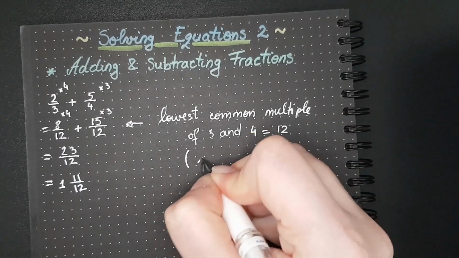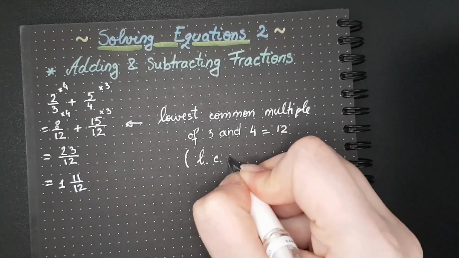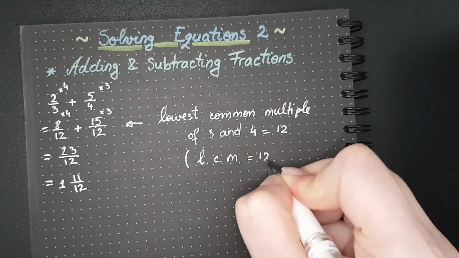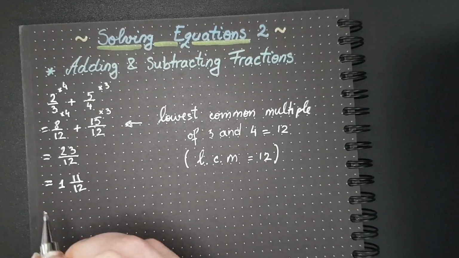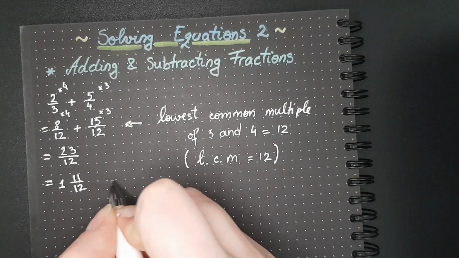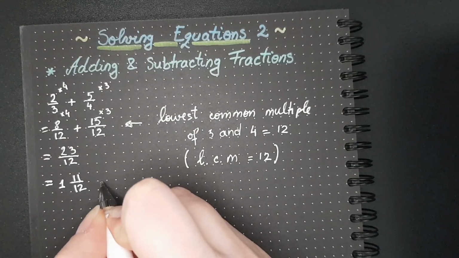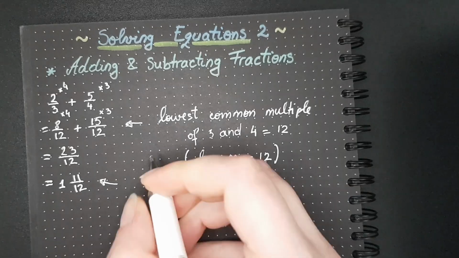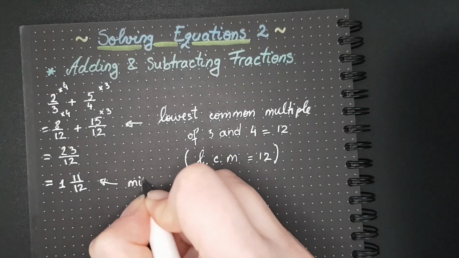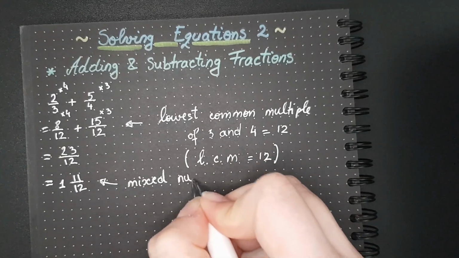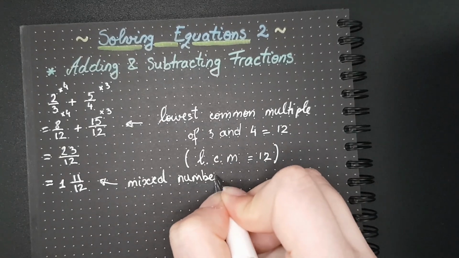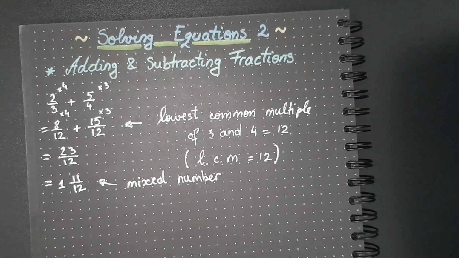So most of the time we just write LCM and say that's 12. Or are there any other notations related to that? And obviously the last bit over here that I've done is I've changed it into a mixed number.